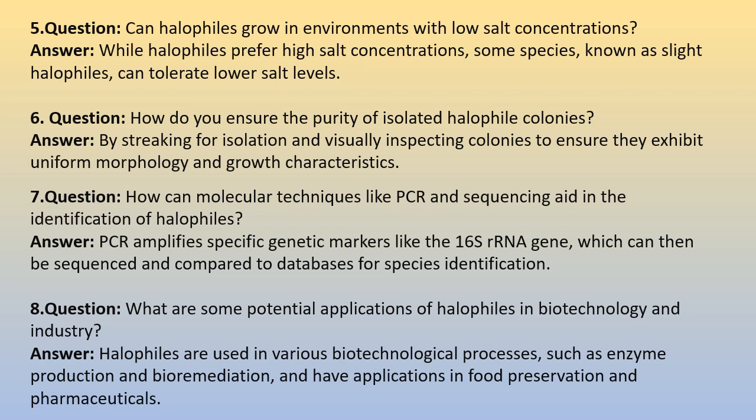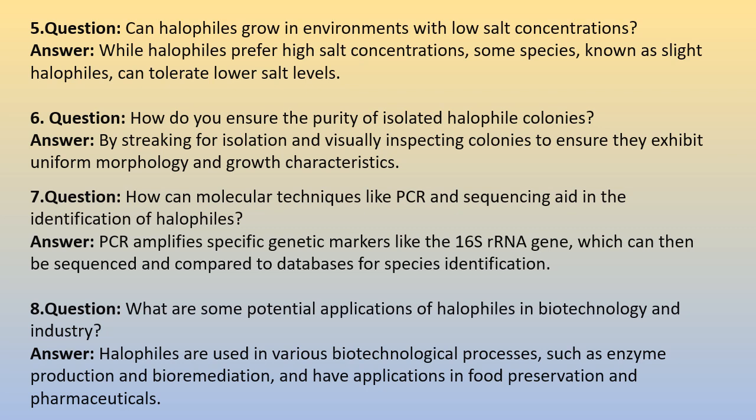Okay, now, how do you ensure the purity of an isolated halophile colony? By streaking for isolation, by visually inspecting colonies to ensure they exhibit uniform colony morphology and growth characteristics, then you can go for gram staining to ensure the purity. Then next is, how can molecular techniques like PCR and sequencing help in the identification of halophiles?